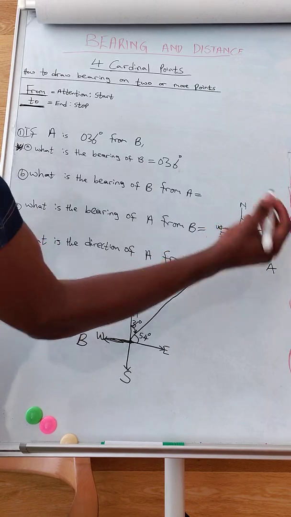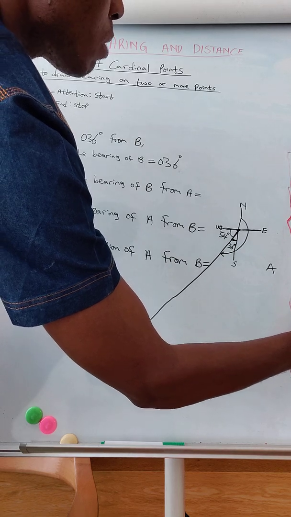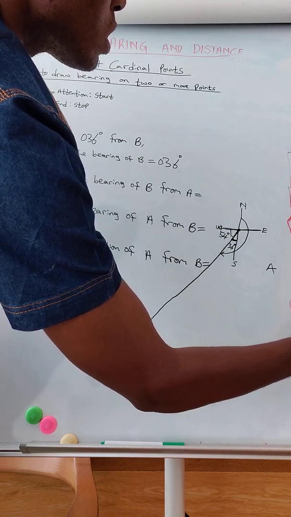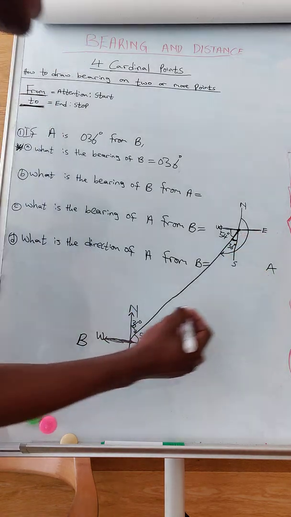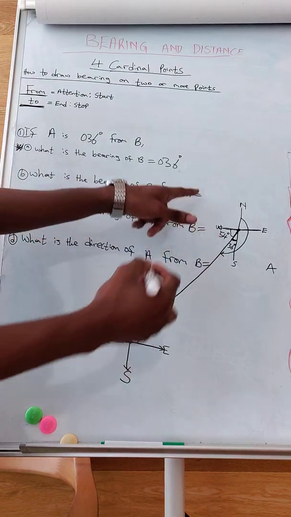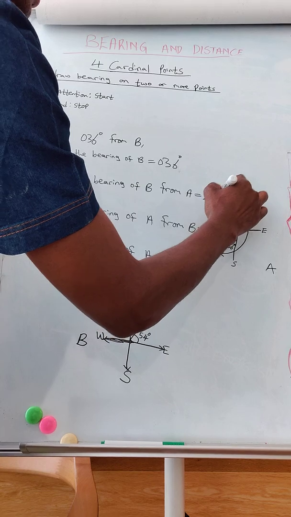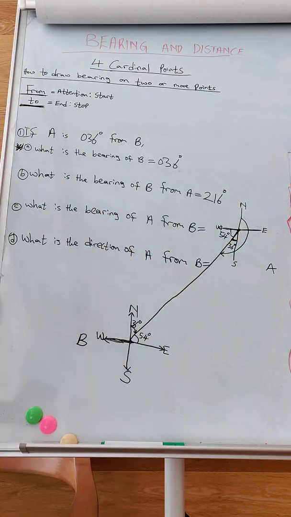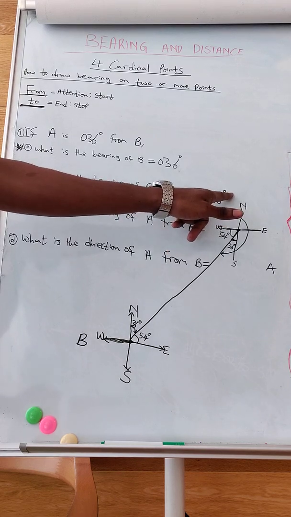That is the answer. 90 plus 90 plus 36 is 216. What is the bearing of B from A? 216 degrees.